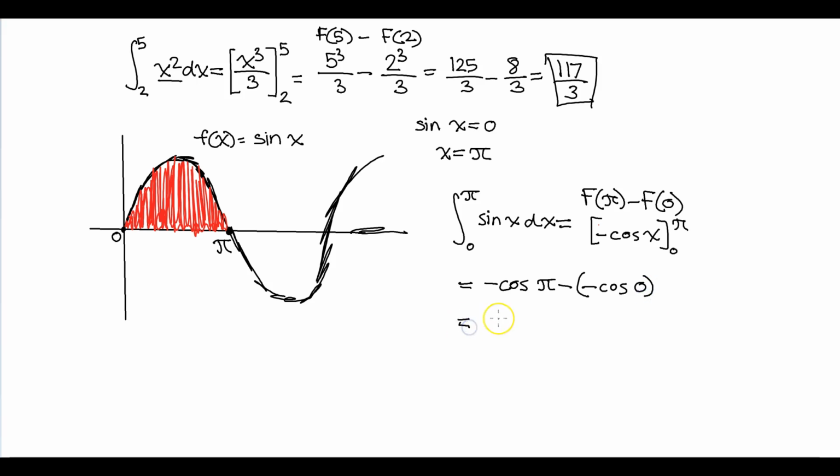And negative cosine of pi is 1, okay? Cosine of pi is negative 1. Cosine of 0 is 1. So you're subtracting negative 1. Remember this negative sign. So you have 1 plus 1 is 2. So the area of this red region is exactly 2. Okay? It's exactly 2.